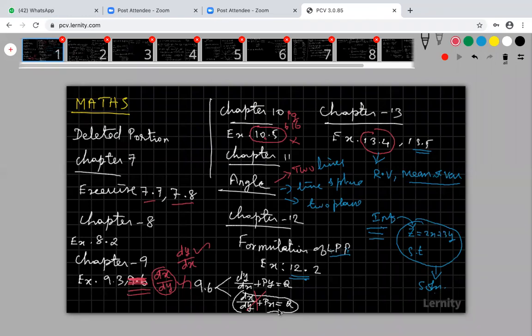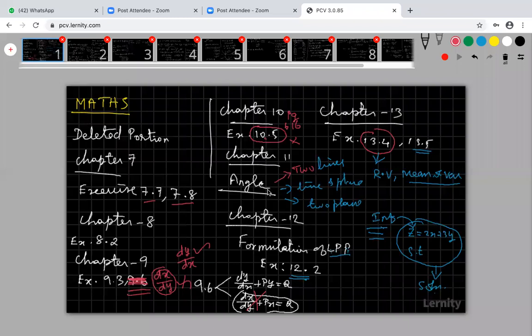And chapter number 11. In chapter number 11, no particular section or exercise is deleted. Only the angle problems. Angle between two lines, angle between a line and a plane, angle between two planes, all these are deleted.